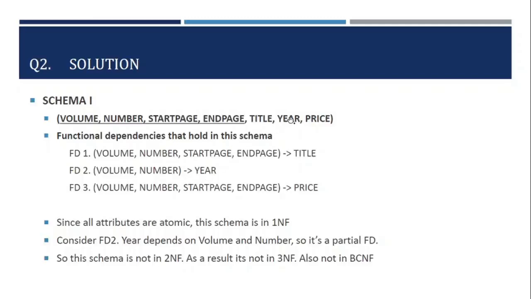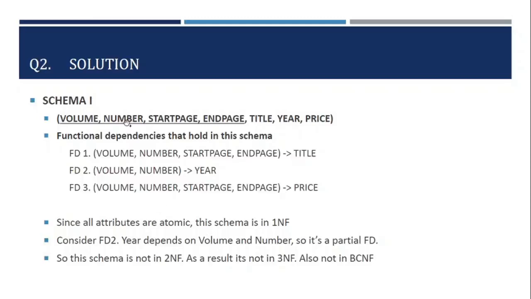So, year depends only on a combination of volume and number. It doesn't depend on start page or end page. So, here it is not fully functionally dependent on the primary key. It is only partially dependent on volume and number and not on the four attributes. So, the second functional dependency is a partial functional dependency, whereas FD1 and FD3 are fully functionally dependent.